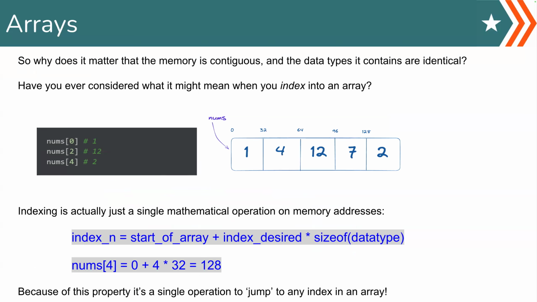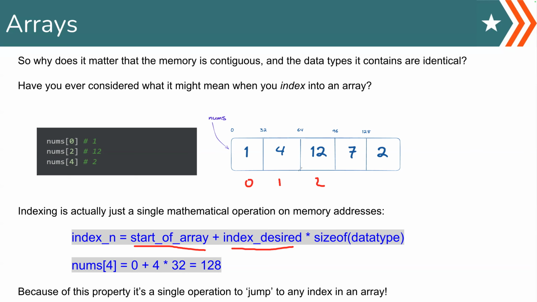And so this is a wordy description of what I was just talking about: because an array is a contiguous block of memory, we can get any index by taking the start of the array and adding the index desired. If we're talking really low level, like 0, 1, 2, maybe each element isn't 32 bytes long, maybe it's 8 bytes.